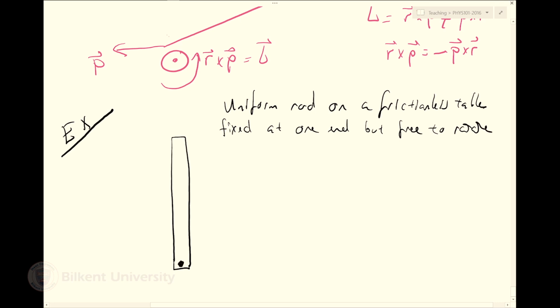So that's my pivot point. It can actually rotate around that point. Let me close the door.